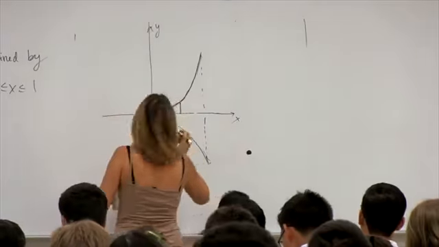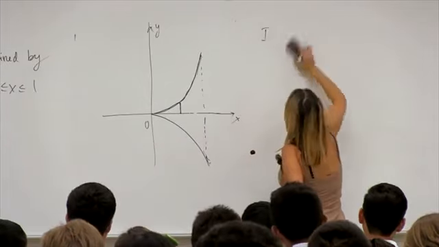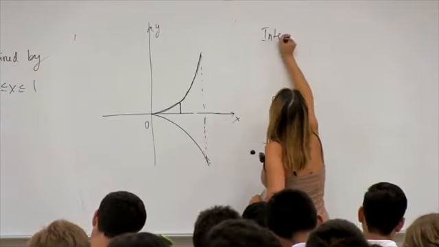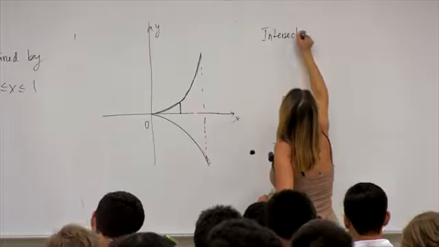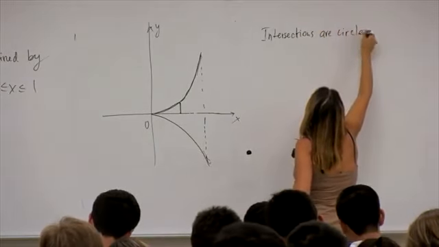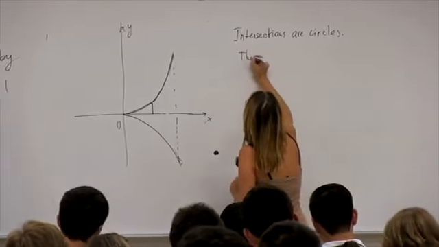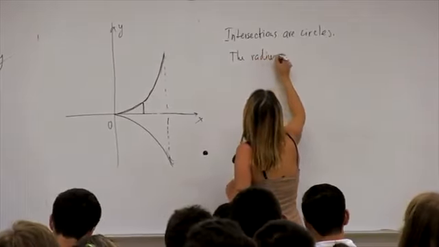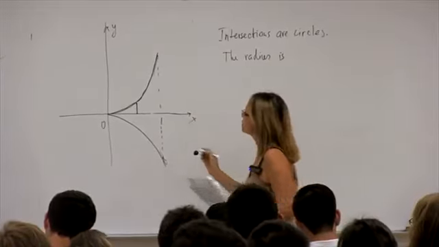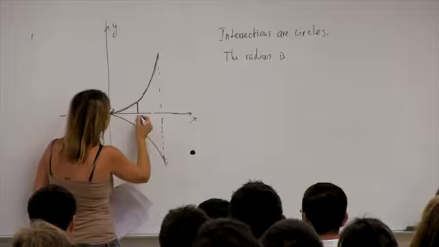The intersections are circles. What is the radius of this circle when it intersects here? So this is x.